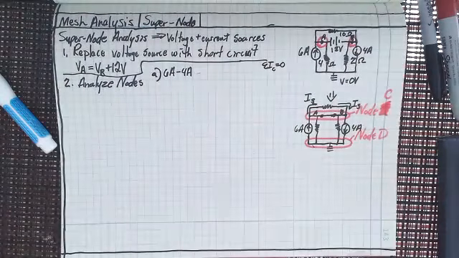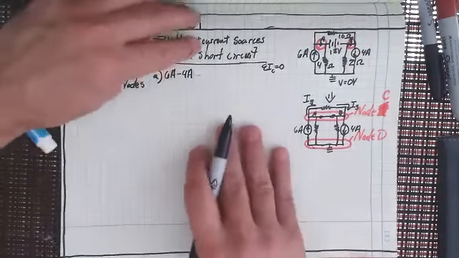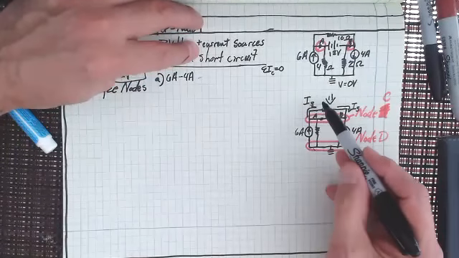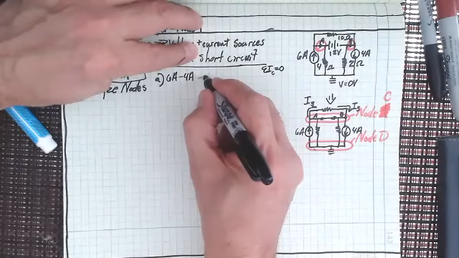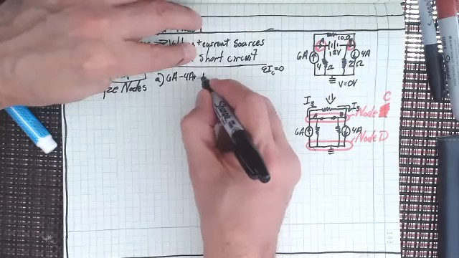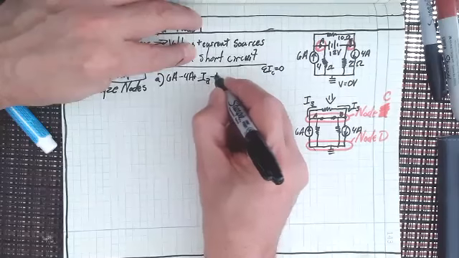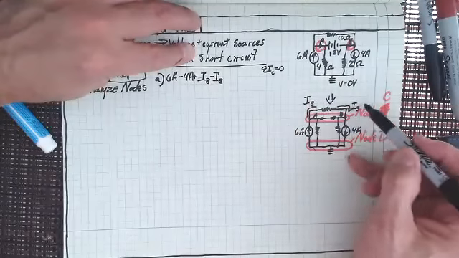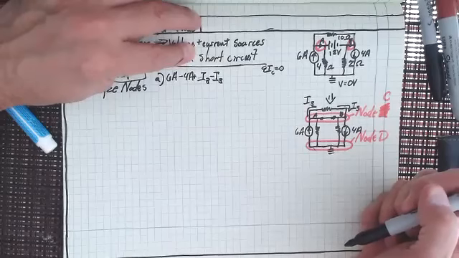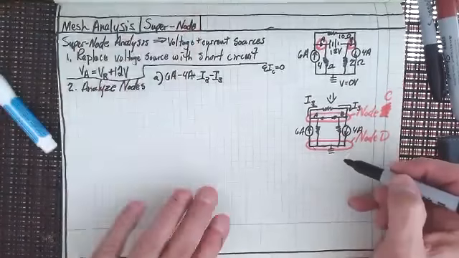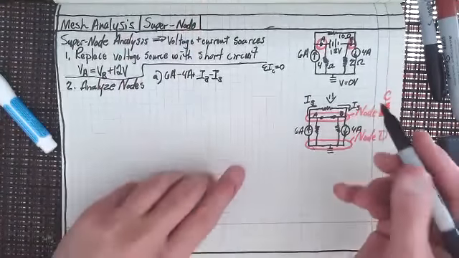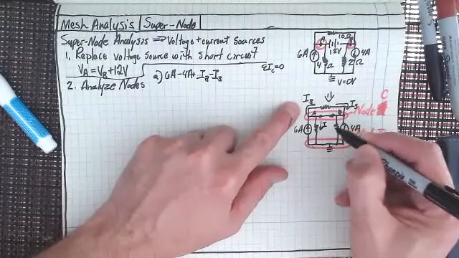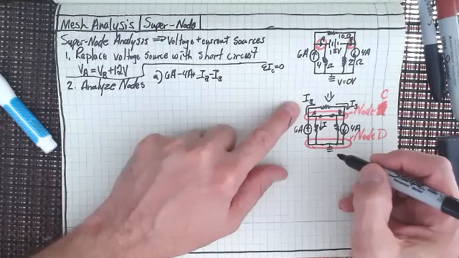All the currents going in and all the currents going out have to equal 0. So I've got 6 amps flowing in, 4 amps flowing out. I've got I3 flowing in, and I3 flowing out. I3 flows in here, I3 flows out there, right? How about the other directions? I'm going to make an assumption.